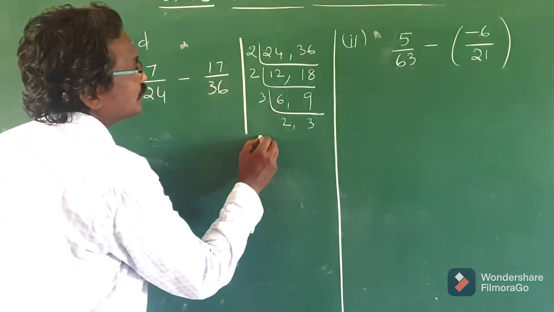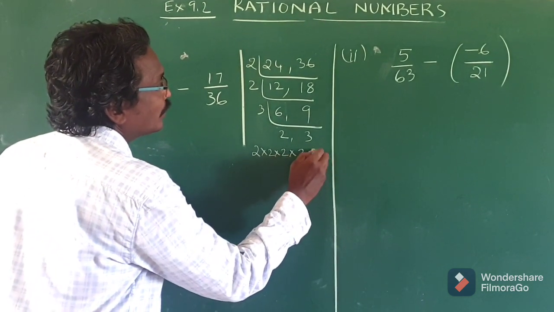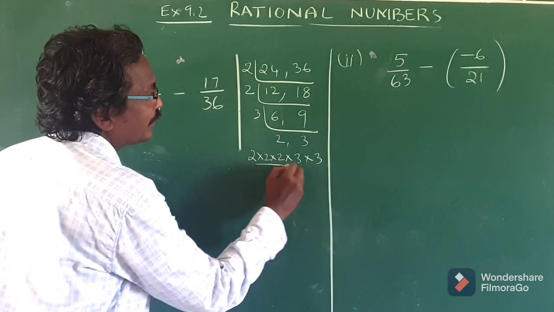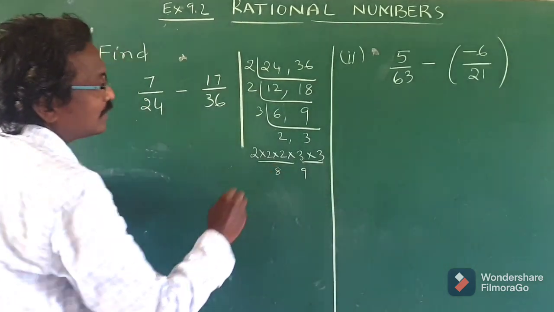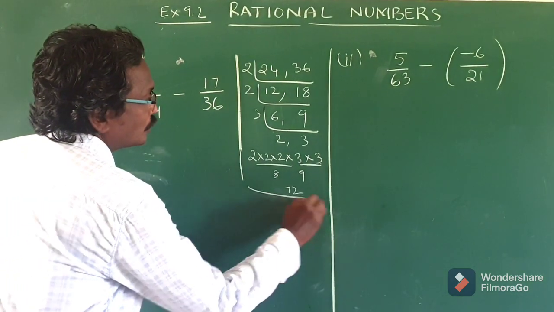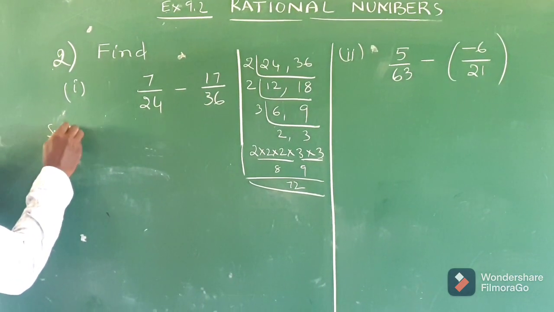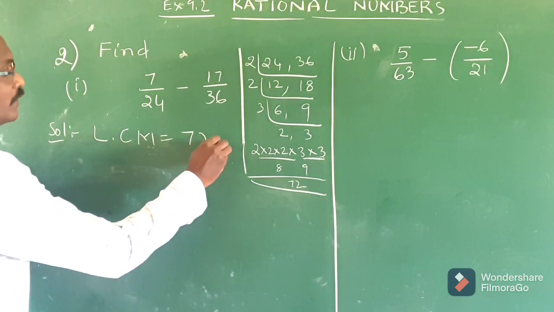So multiply: 2 into 2 into 2 into 3 into 3. 2 twos are 4, so 9 eights are 72. So the LCM is equal to 72.